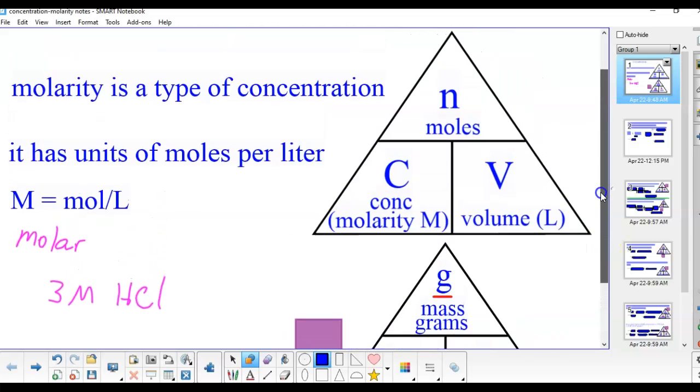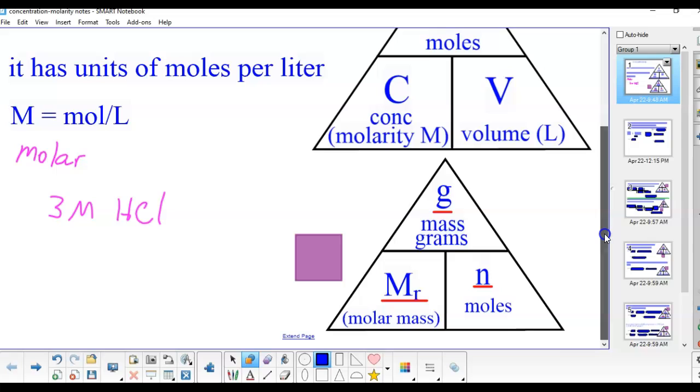Now you need to make sure that you add this new triangle onto your periodic table. You're going to need that along with the other triangle, grams, molar mass, moles, and perhaps Avogadro's number of particles and moles. But for the most part, these two triangles are the ones we're going to be using.